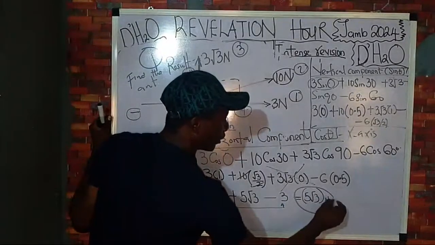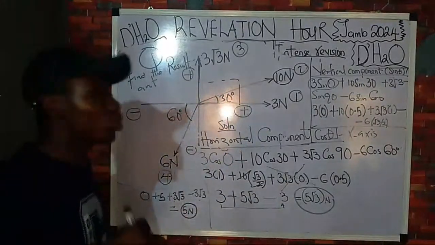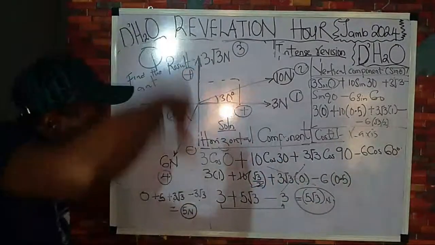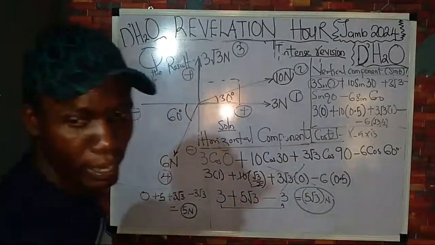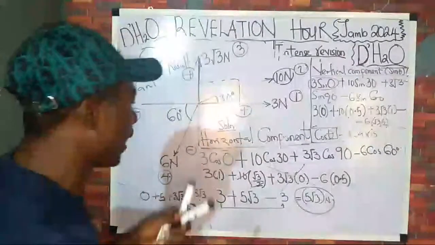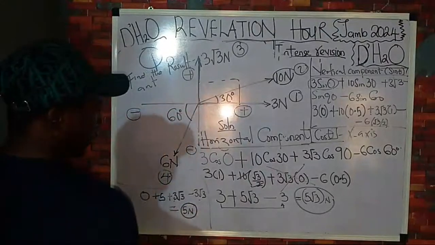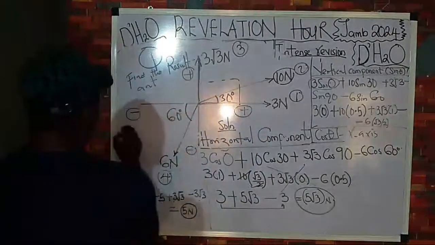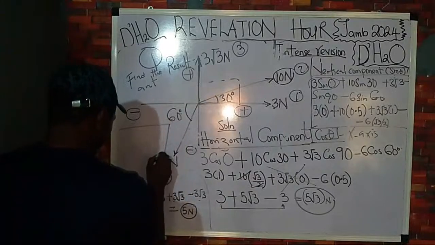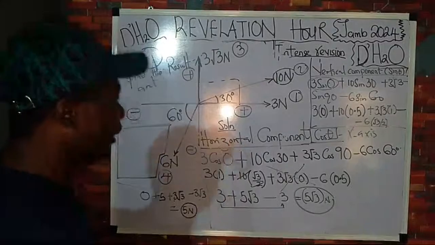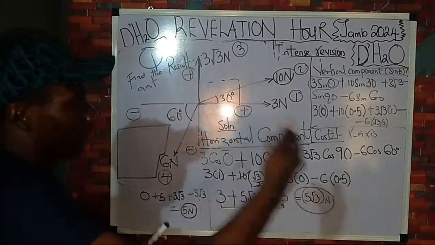And this one is what we get for the horizontal. I told you to sum up the horizontal, sum up the vertical, then use Pythagoras theorem. If you are using Pythagoras theorem, what do you do? Very easy. According to Pythagoras theorem, remember the resultant squared is equal to the sum of the squares of the other sides.